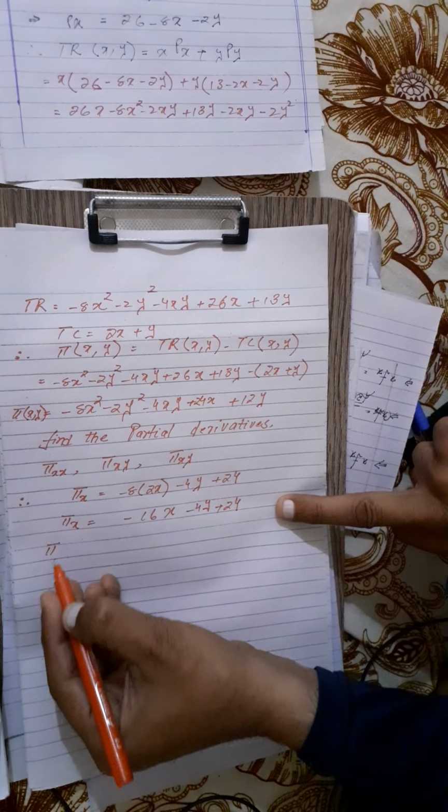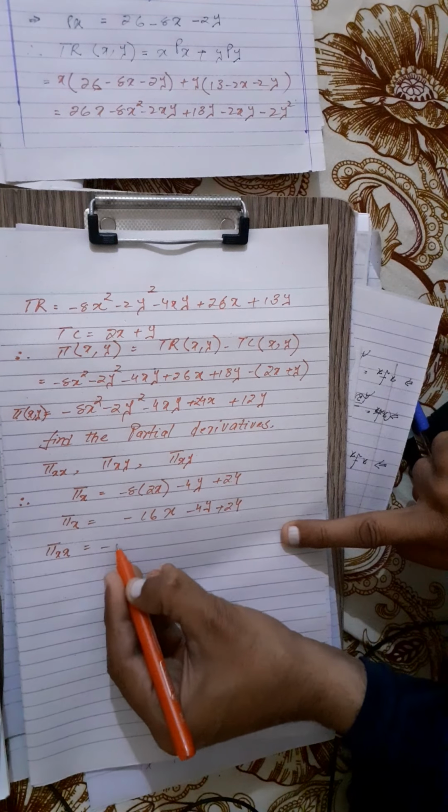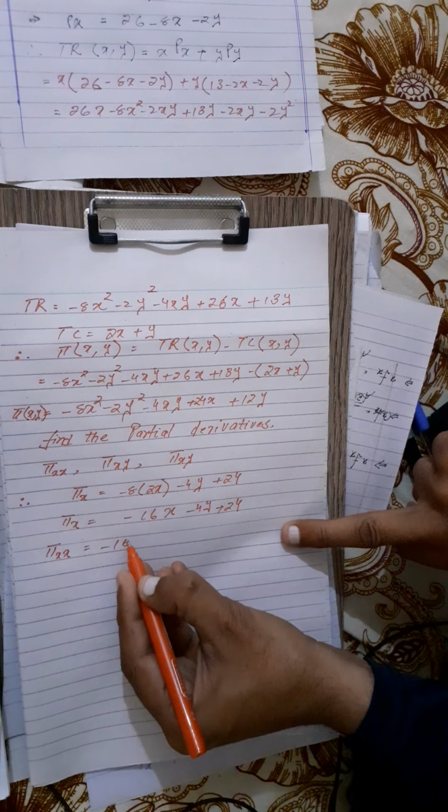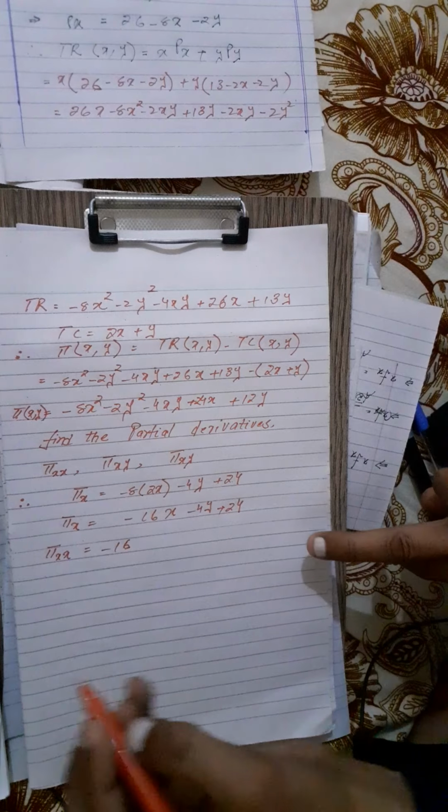Now the second derivative with respect to x will be minus 16 only, because these two terms are constant.